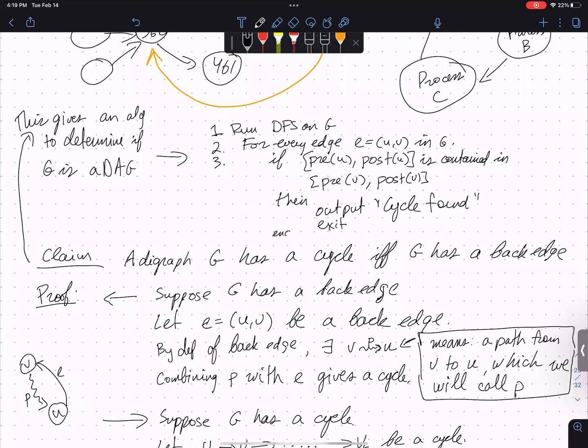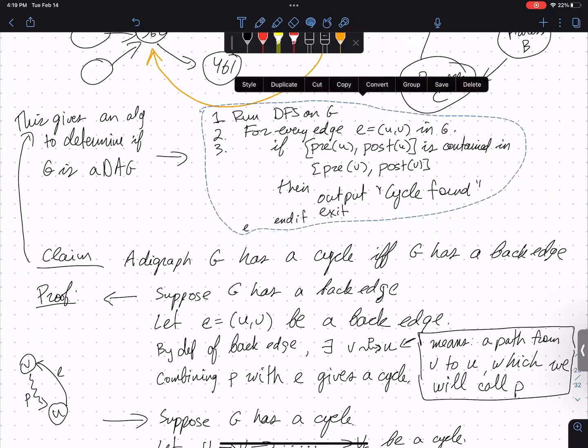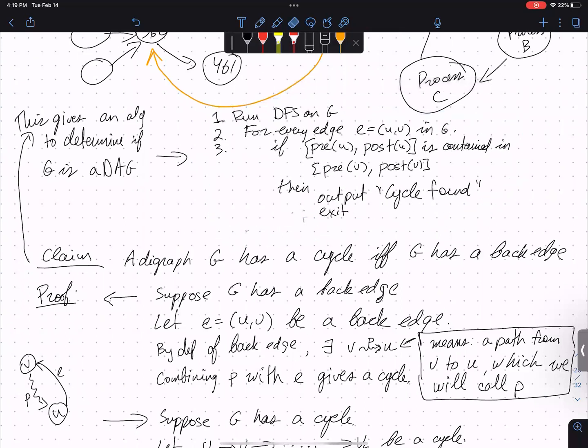Otherwise, we do an end if, and end for.